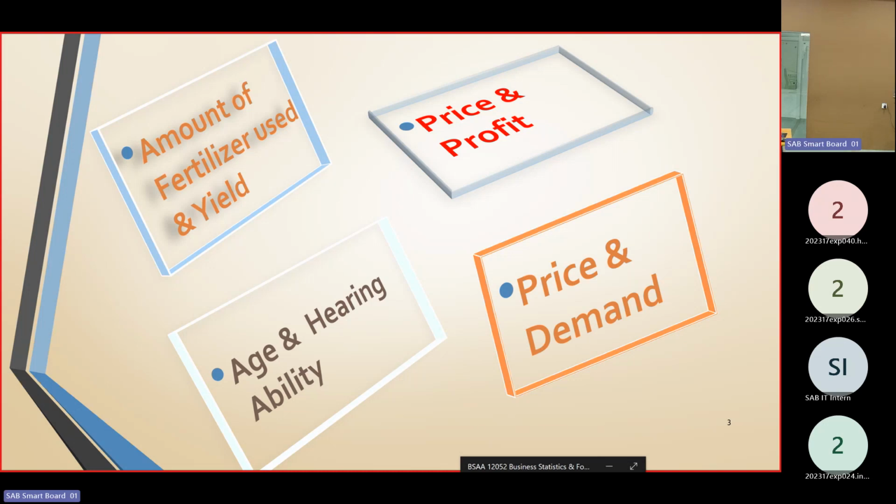When we look at these variables, we feel that there can be some sort of relationship.